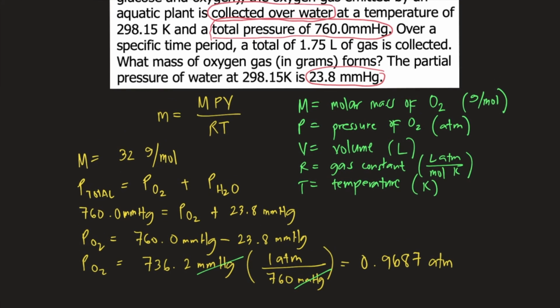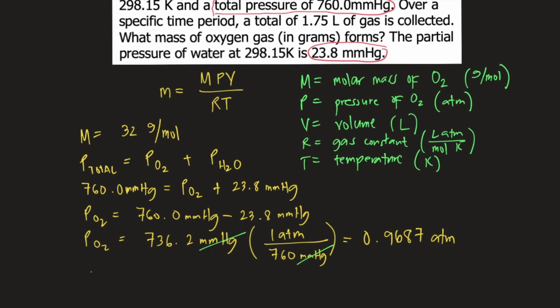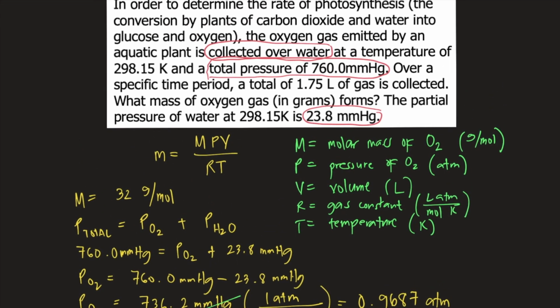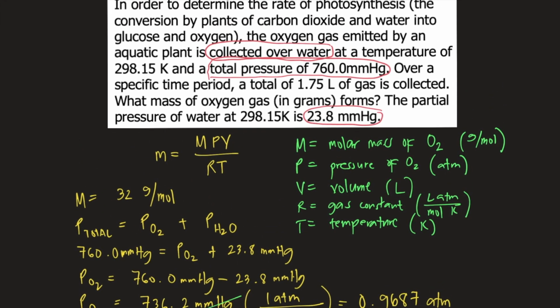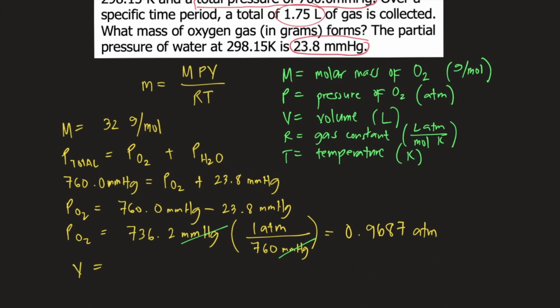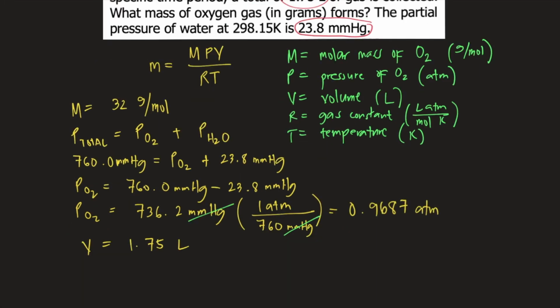Next is the volume. The volume must be in liters, and according to the problem, we are given 1.75 liters. So the volume is 1.75 liters. We already know R, that is 0.0821 liter atmosphere per mole Kelvin.